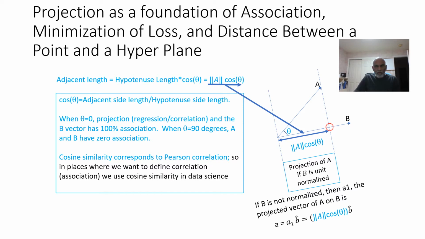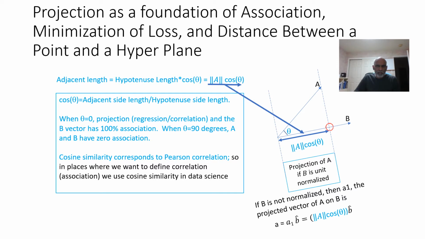One important point is that if this is a y vector and this is the k-dimensional x vector, then the projection of this is the regression point. That is the prediction of y given this x point.